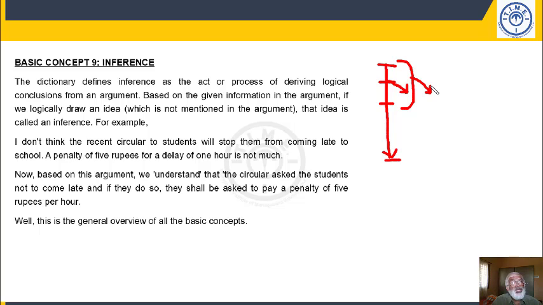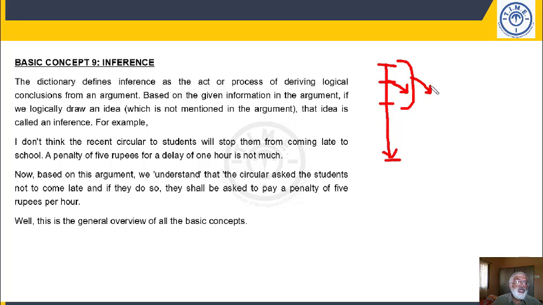But when he says, I don't think the recent circular will stop them from coming in, you're making an assumption, which is they can probably afford to pay 5 rupees, which means you can infer here that it is not an adequate fine, right? It's not an adequate fine for a certain lot of students.